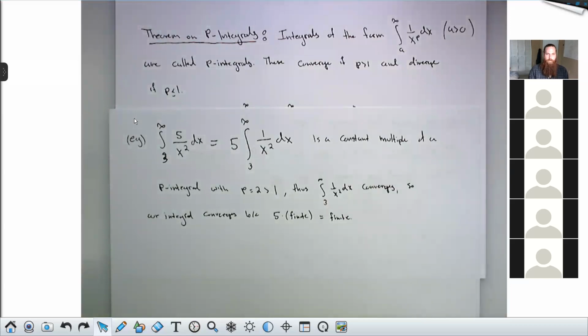So while the integral we are given here is not a p integral, it is a constant multiple of a p integral. And so it will converge or diverge together with the p integral.